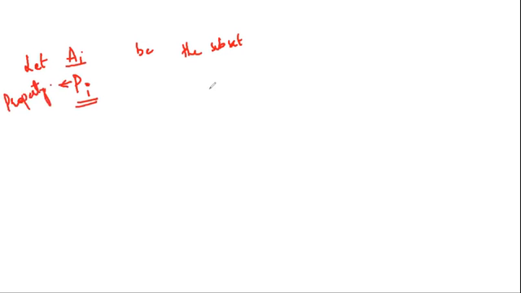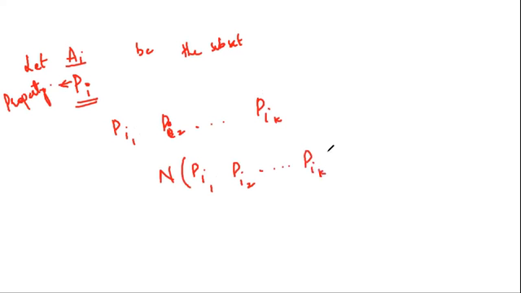The number of elements with all the properties Pi1, Pi2, and so on till Pik will be denoted by n of Pi1, Pi2 and so on up to Pik.